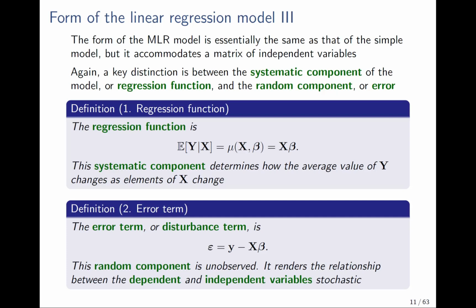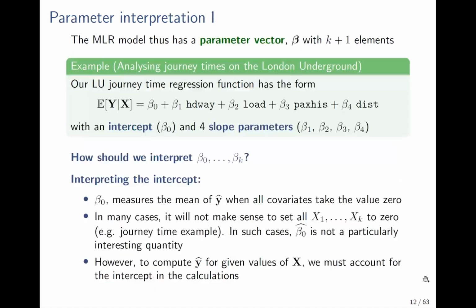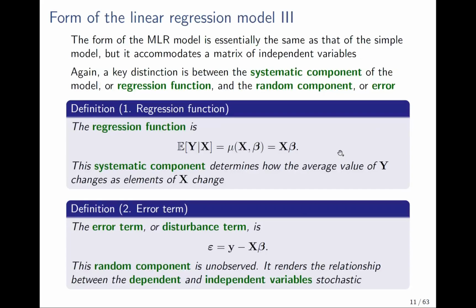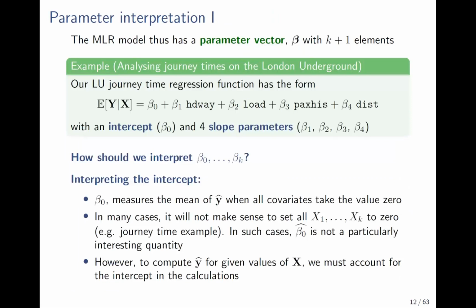The error term, or random component, or disturbance term, is the difference between the dependent variable and the regression function. This random component is unobserved. It renders the relationship between the dependent and the independent variables stochastic. So no different than we learned last week, but just in a setting where we have multiple independent variables.